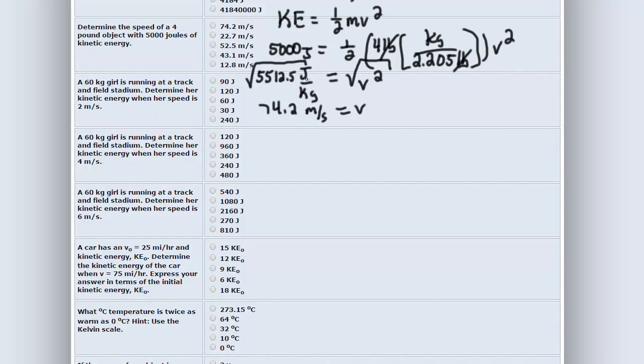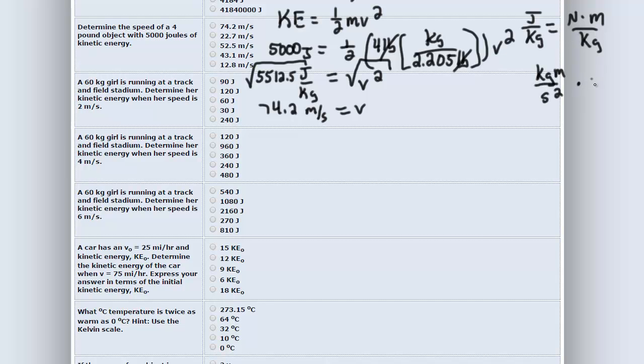Now, the unit, joules per kilogram, that's also underneath the square root button. So you might be wondering, how do we get meters per second from the square root of joules per kilogram? So let's look at that. Joules per kilogram. A joule is a Newton meter, and that is divided by kilogram. So what is a Newton? A Newton is a kilogram meter per second squared.